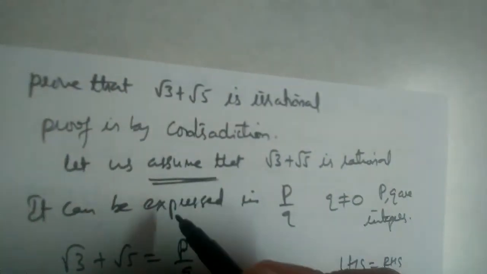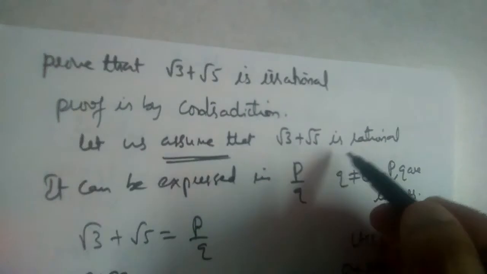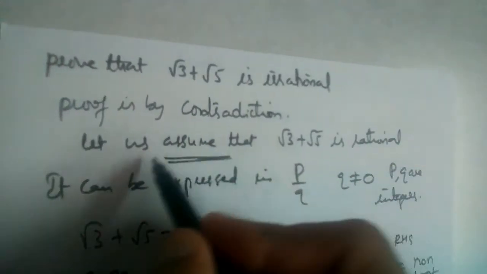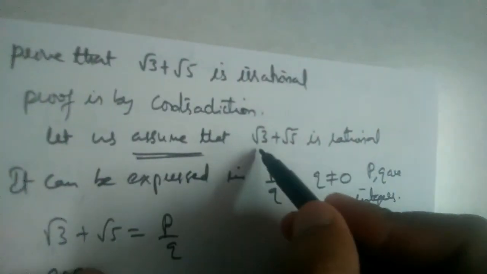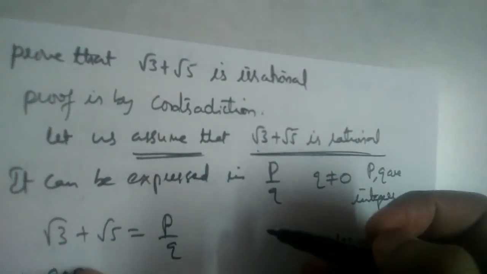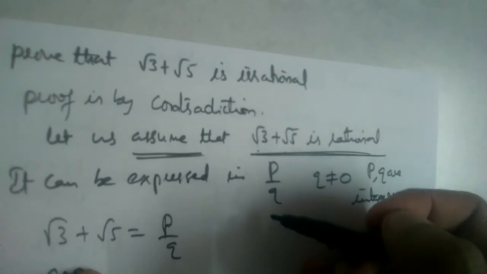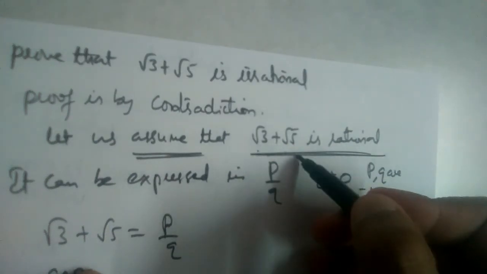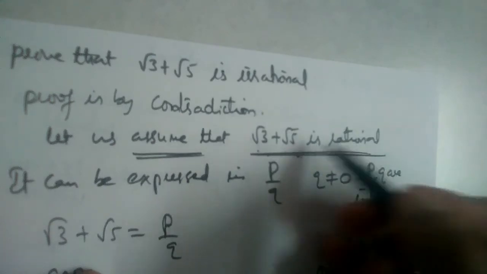What about this one? Did we go wrong here? Did we assume something wrong? Yes, we assumed that root 3 plus root 5 is rational. Our assumption was wrong. Okay, if this is wrong, what is correct then? Root 3 plus root 5 is irrational will be correct, isn't it?